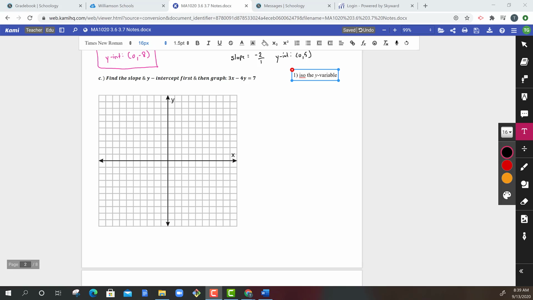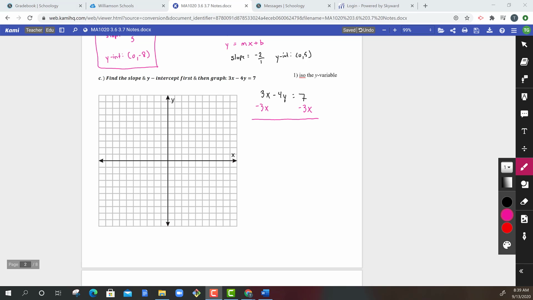All right, and in much the same way, we're going to subtract 3x from both sides first. So we've done that, and we get negative 4y equals negative 3x plus 7. And then we're going to divide everything by negative 4.